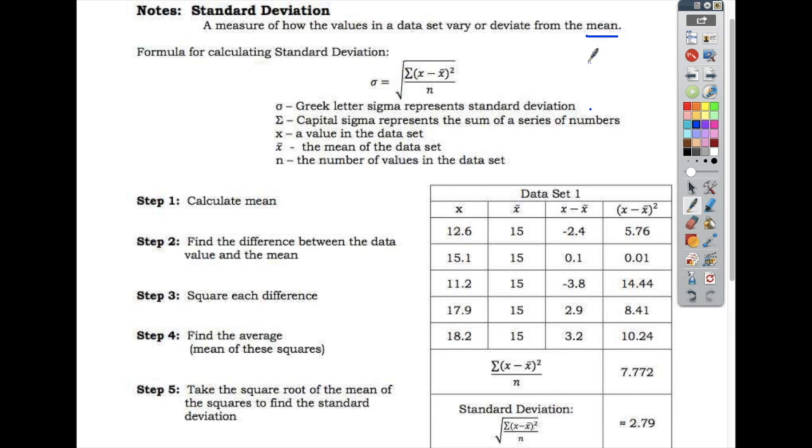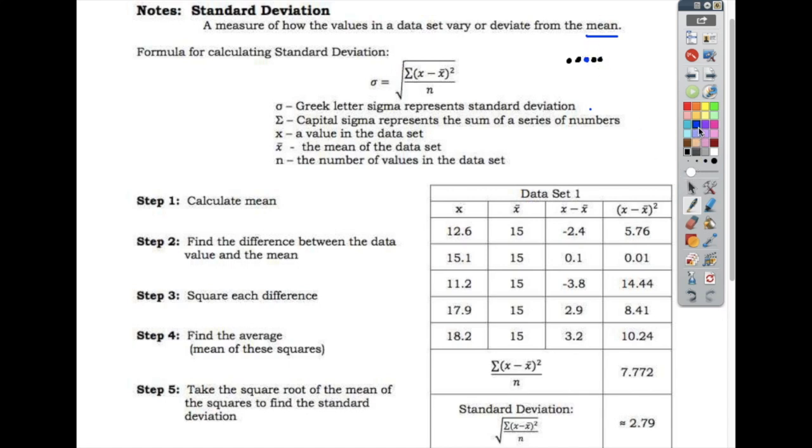So it's basically telling us how spread out our data values are. If we have a mean that's right there, and then let's just say we have some other values that are pretty close together, like that, then our standard deviation of that data set would be really small because our values don't vary that much from the mean. They're pretty close to it.